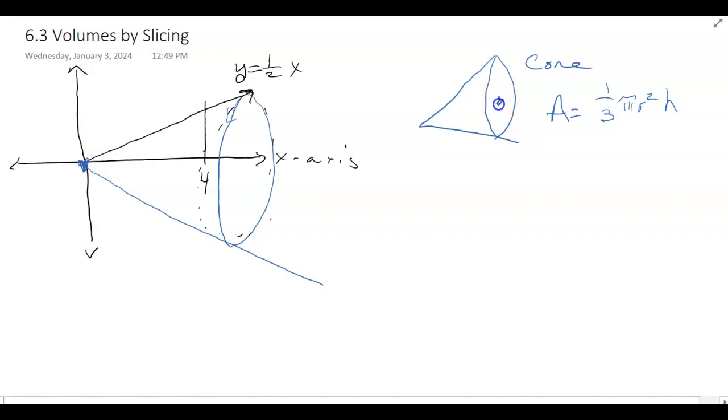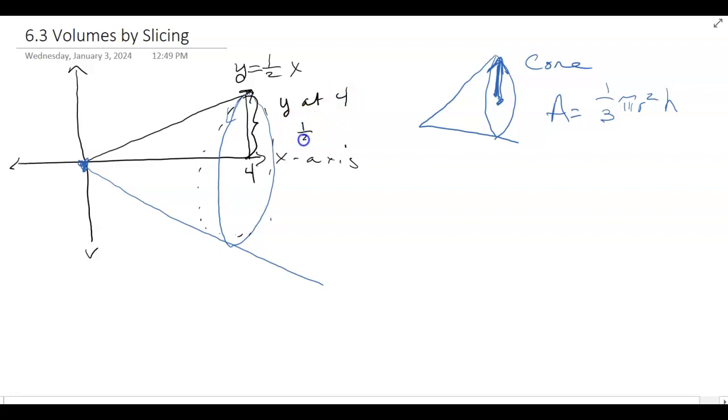The radius, right? Let me fix this up a little bit. I screwed up my drawing slightly. That's okay. Let me put my 4 here. That's where I wanted it. All right, no problem. So our radius is going to be this value right here, the y value at 4.